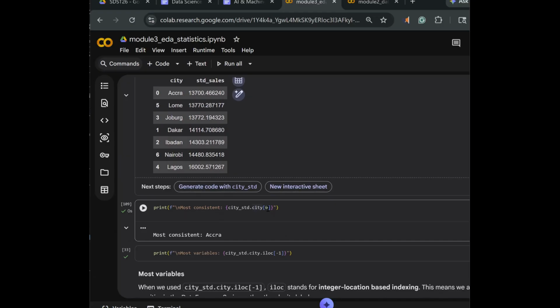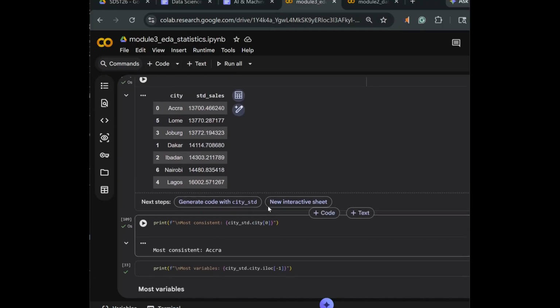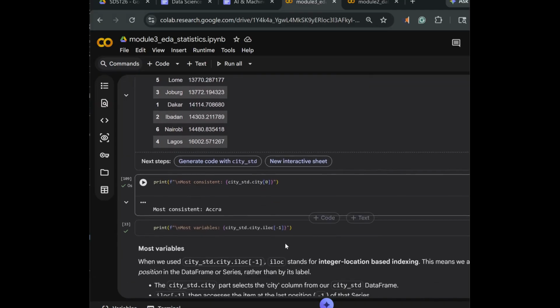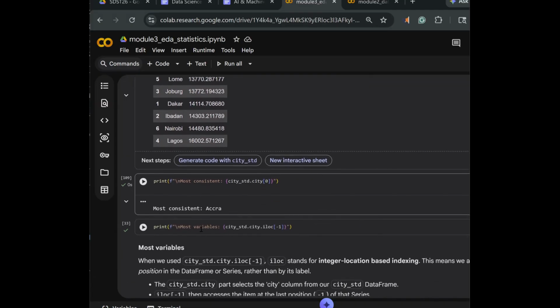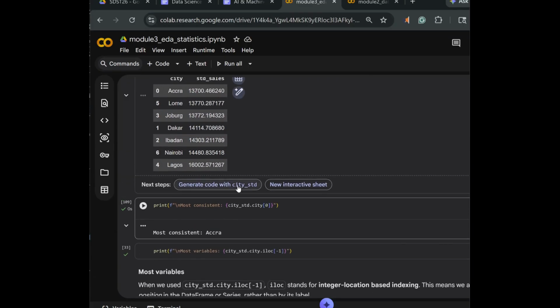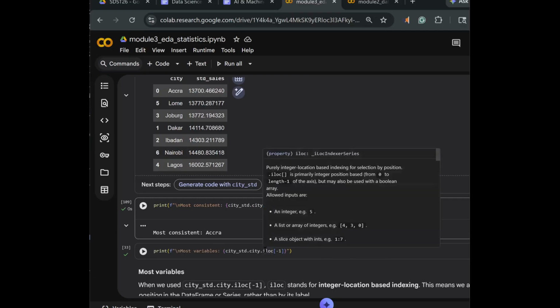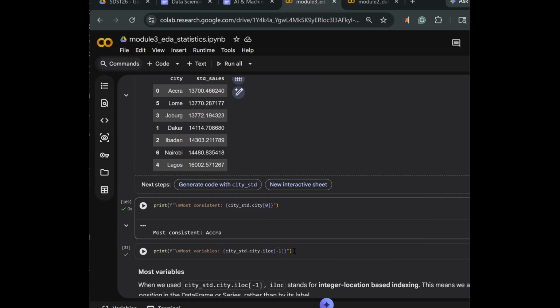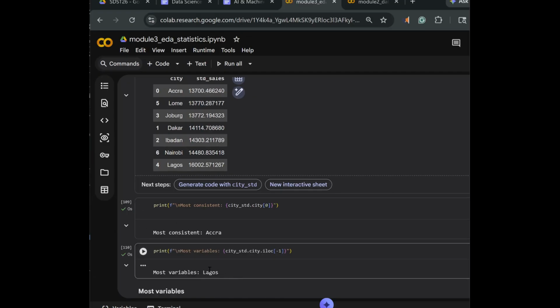We looked at index 0 and we were able to get Accra. This is the most consistent, which is the least variable, but the highest variable, we are using iLoc here to check, is Lagos. That's the one with the highest variability.